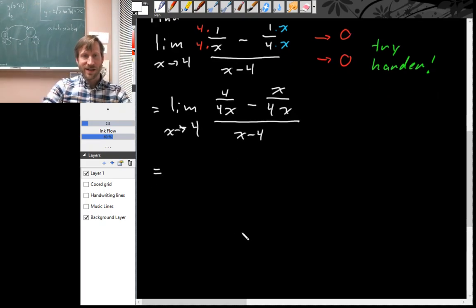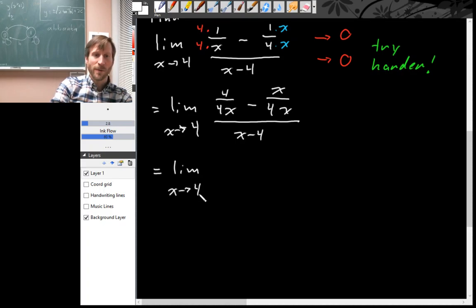And let's see, we can simplify this more. The numerator, since we arranged for a common denominator, we can combine these numerators. So this is the limit as x goes to 4 of 4 minus x over 4x, all over x minus 4.